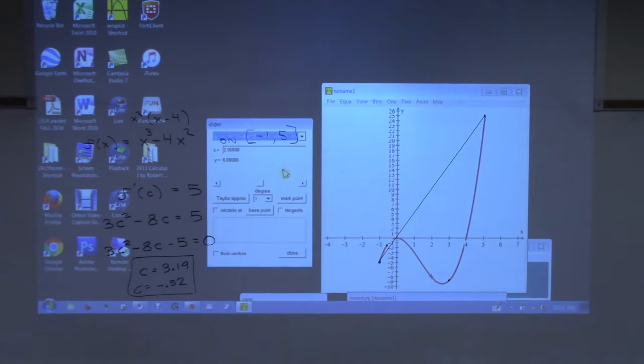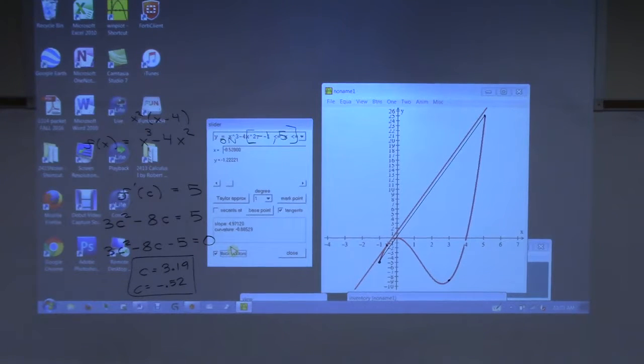So I'm going to place it at the value, the first one was negative 0.52? That's a problem. There it is. Okay, pretty good, huh? I mean, it's not perfect. You know what? I can't change the color of this.